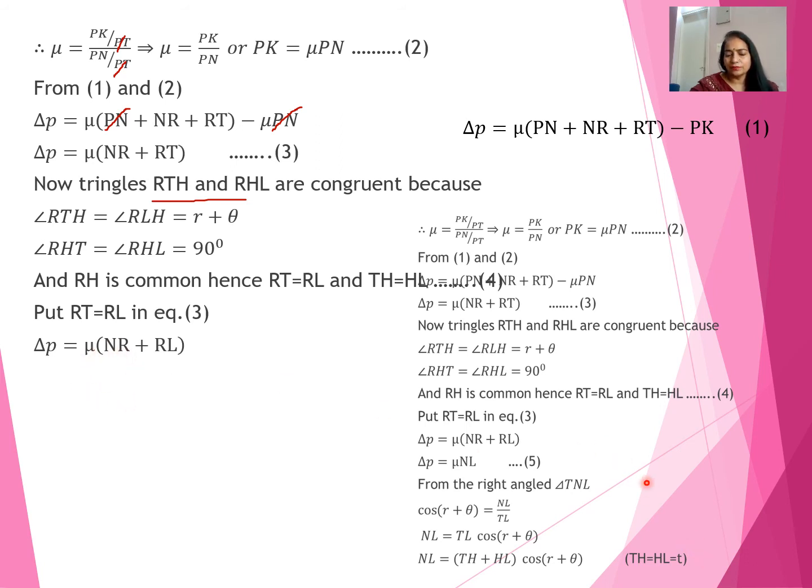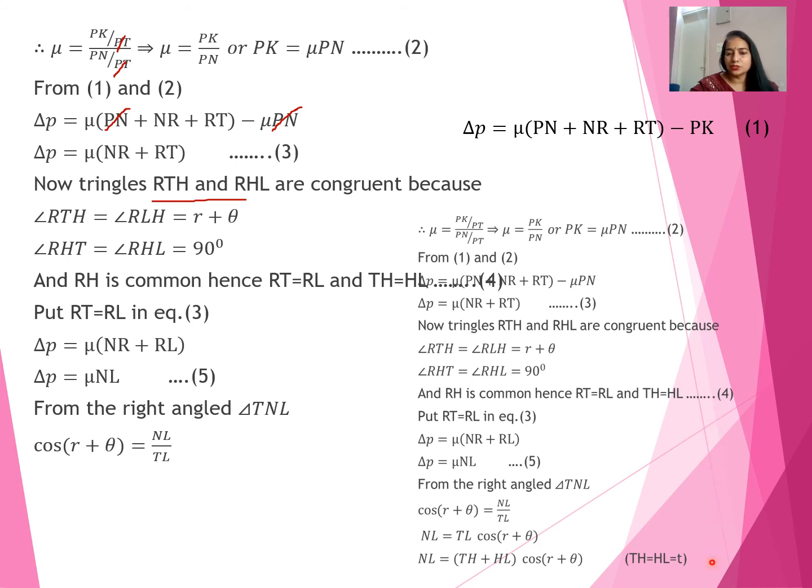For NL, we apply cos in triangle NLT. So cos of R plus theta equals NL upon TL. We want to calculate NL, so NL equals TL cos of R plus theta. And TL can be written as TH plus HL, and TH is the thickness of the film.